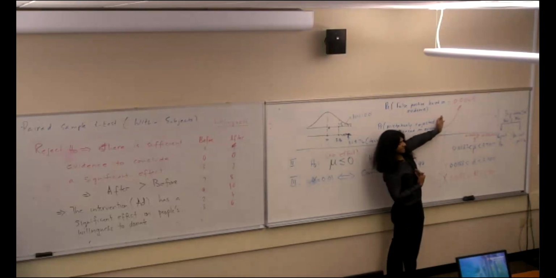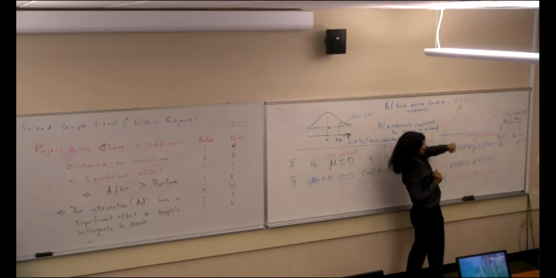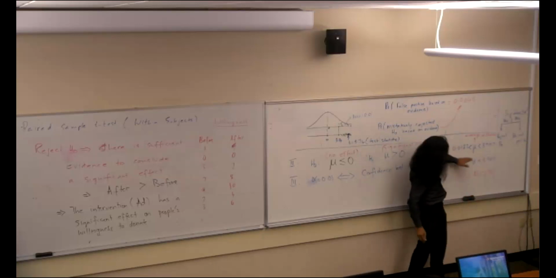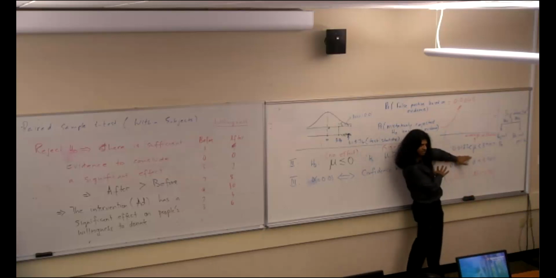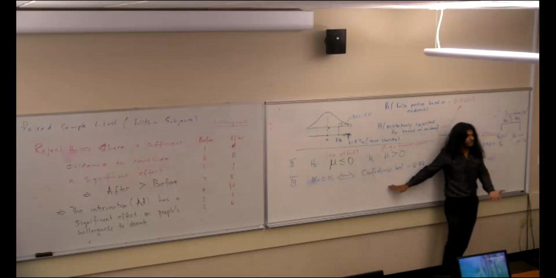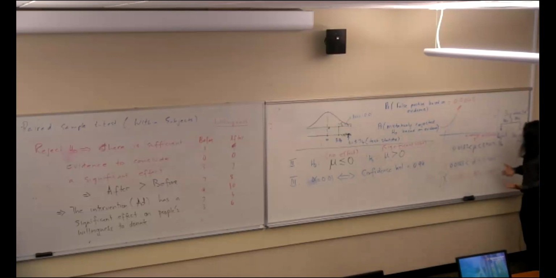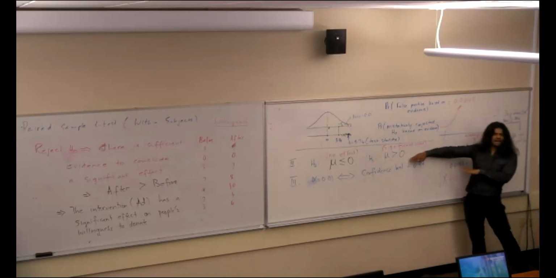The chances that I would have made a mistake in concluding that I reject the null is 0.48%. Small. I get an interval where 0 doesn't fall based on 99% confidence. Put those two together, I have a good amount of evidence to support that statement. Good.